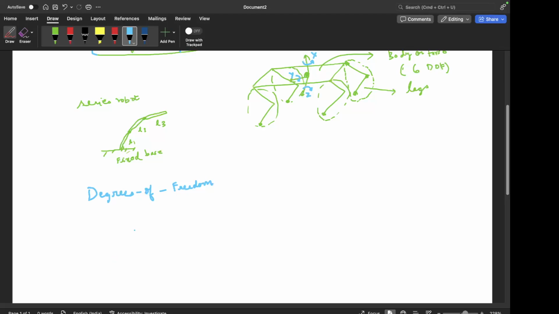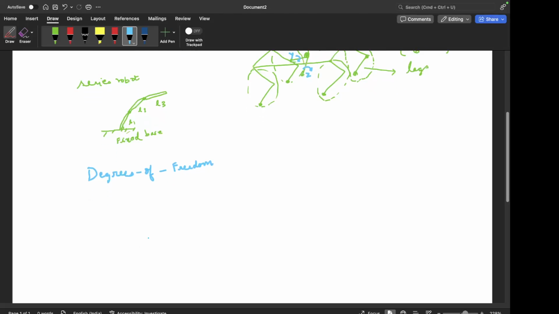Mathematically speaking, it's basically the number of independent parameters that are required to uniquely specify the configuration of the robot. That might sound a little bit unclear, so let me use an example to clear that out.